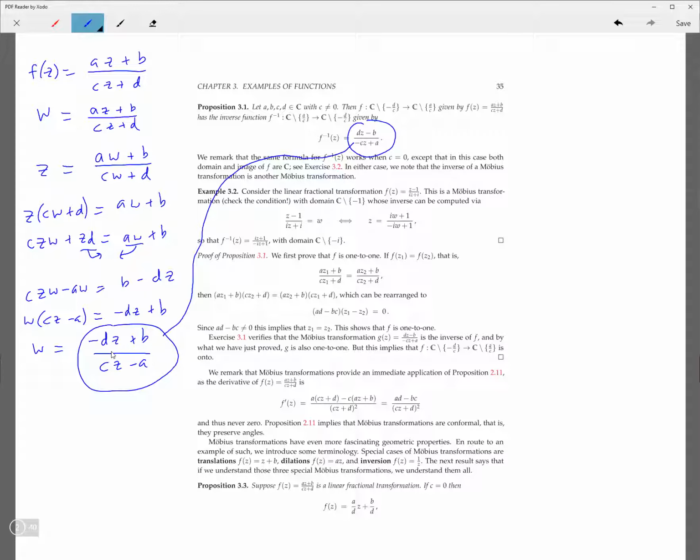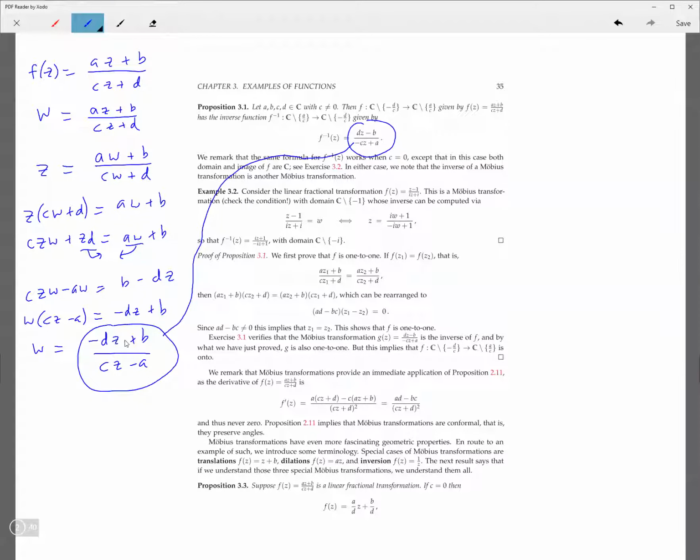Whoa. Oh, this is off a little bit. So what did I mess up? Just the negative side. If you take the negative side out and put it in the numerator, it'll be just the same.